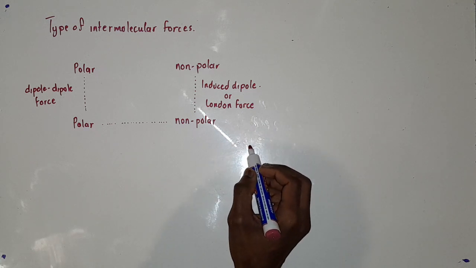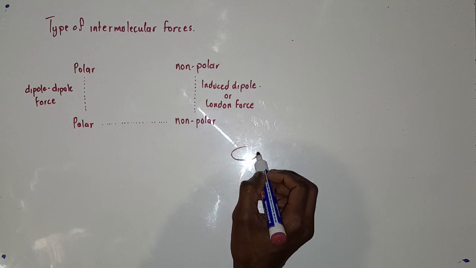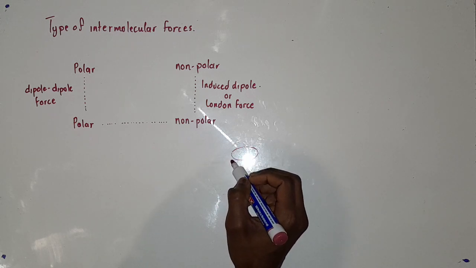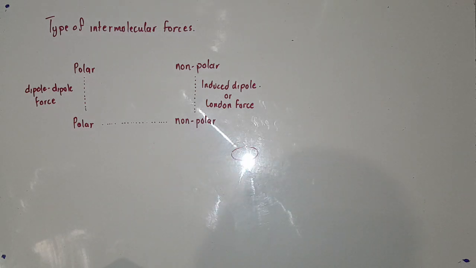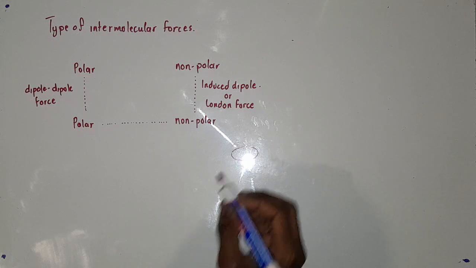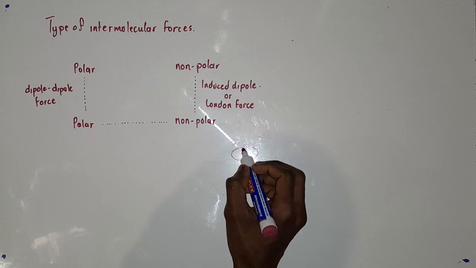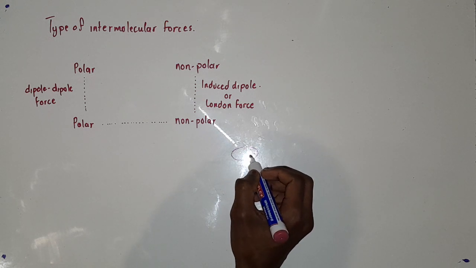We know that as for nonpolar, let me just draw a simple sketch like this. As for nonpolar, the electrons are evenly spread.